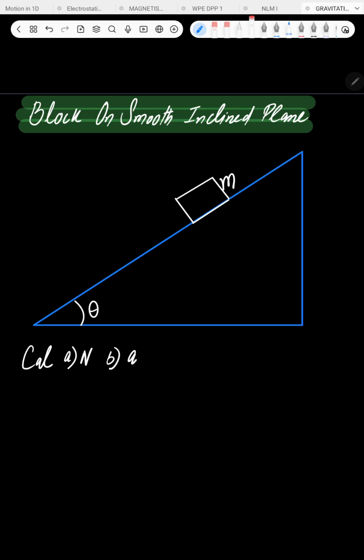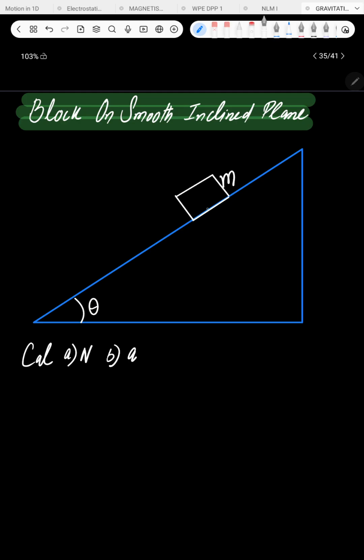Now, what will be the first step before solving the problem? The first step is that you tell me how many forces there are on this block. Obviously there are two forces. Number one is the normal reaction, which is always perpendicular to the plane of contact.